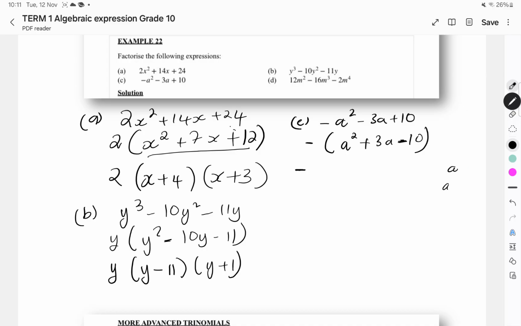So I have a and a, 10 and 1, 5 and 2. Those are the factors of 10. Bigger number will be plus, this will be minus. Which one gives you 3? It's this one. So it's a plus 5 and a minus 2.